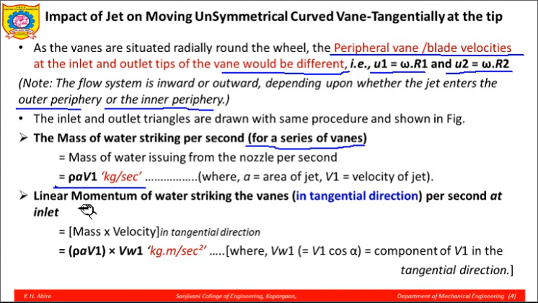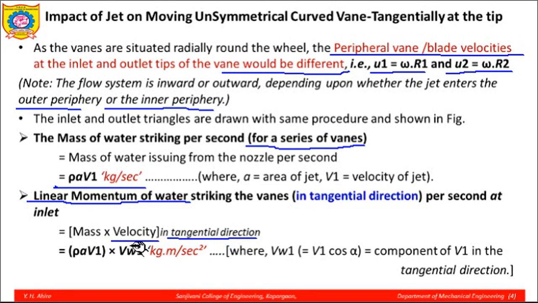Now we define the linear momentum of water striking the vanes in the tangential direction per second at the inlet. That is, linear momentum of water at the inlet in the tangential direction, meaning tangent to the wheel. It is the product of the mass flow of the water into the velocity of the water in the tangential direction.